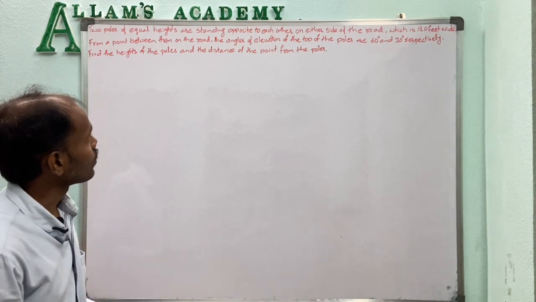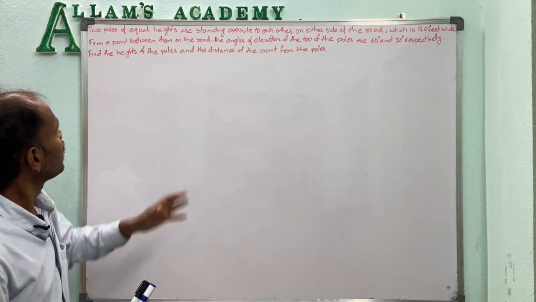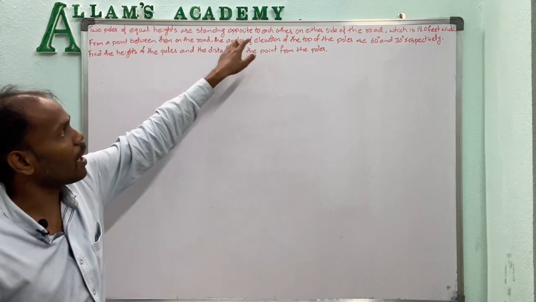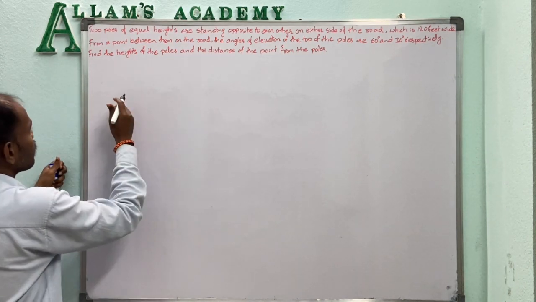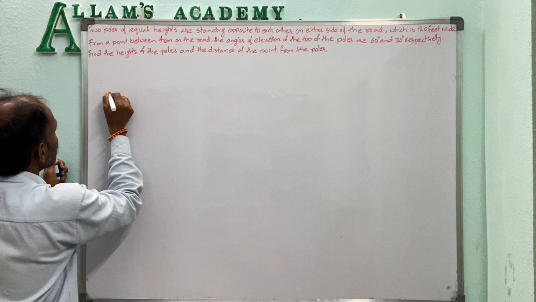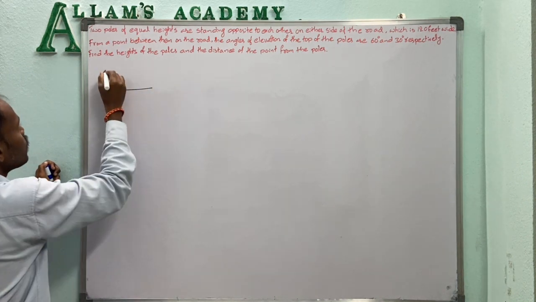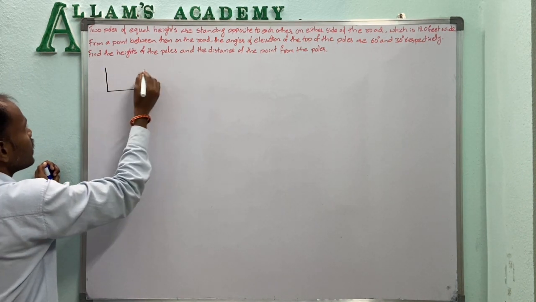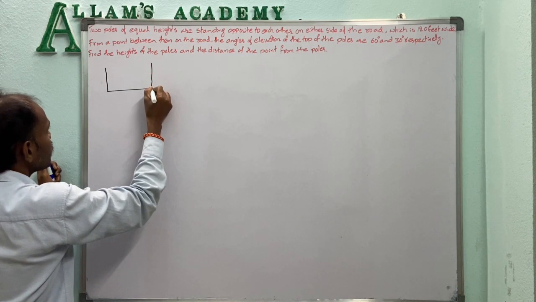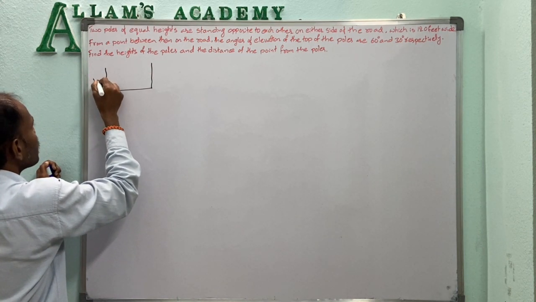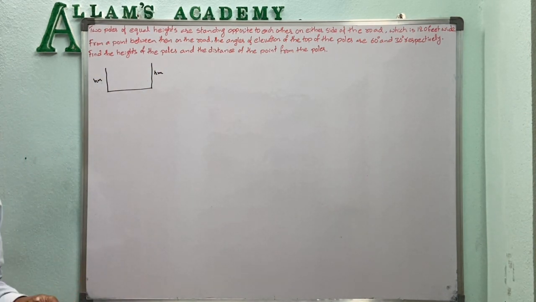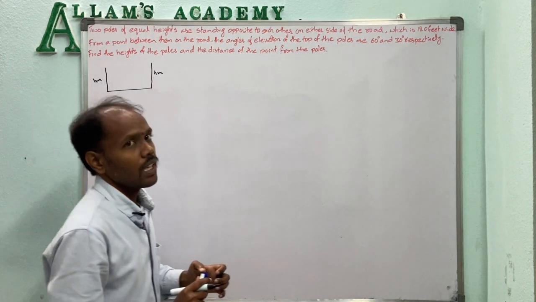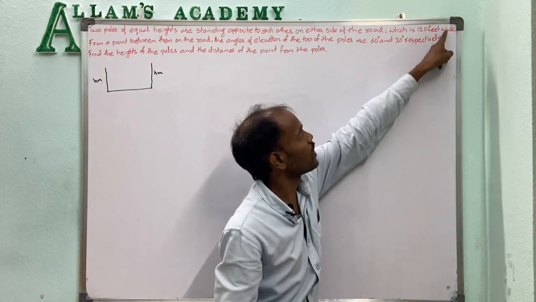Okay, so here two poles of equal heights are standing opposite to each other on either side of the road. So a road is there. On that road two poles are standing with equal height, same height h meters. Now the distance between the two poles is 120 feet.